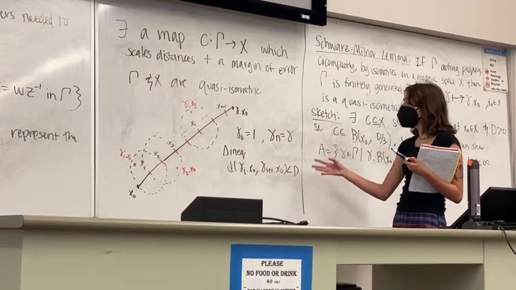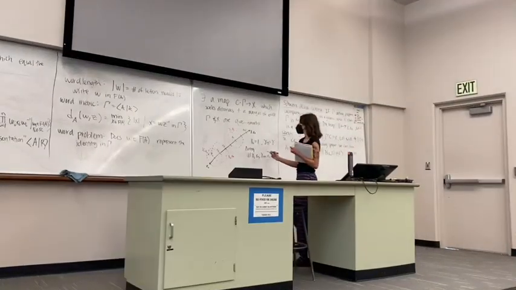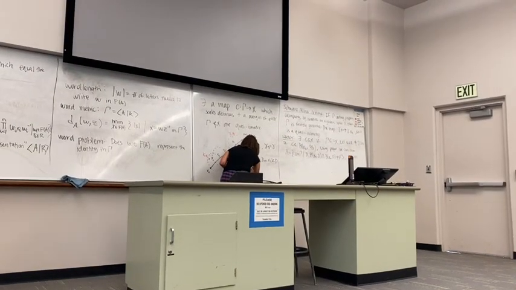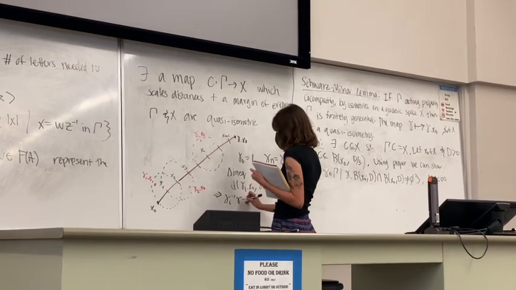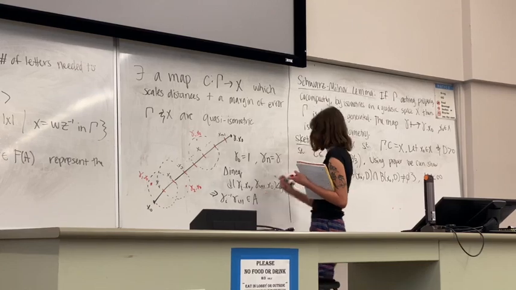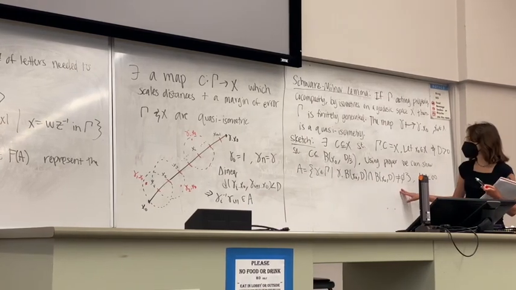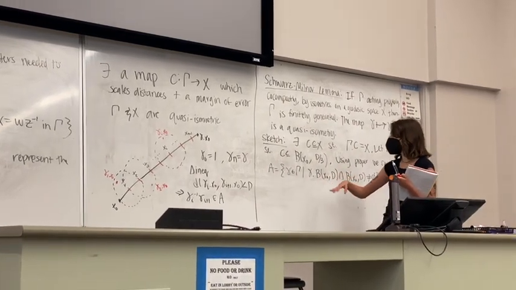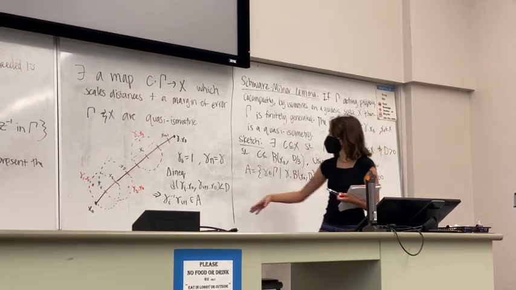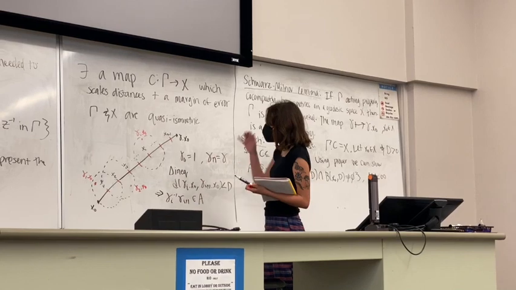So, since we act by isometries, this tells us that the element gamma sub i inverse gamma sub i plus 1 in fact lives in our set A, because we have taken things less than d away.